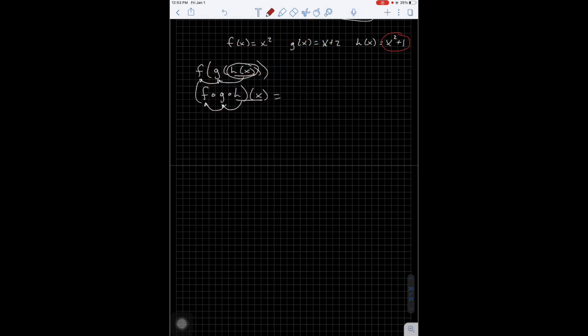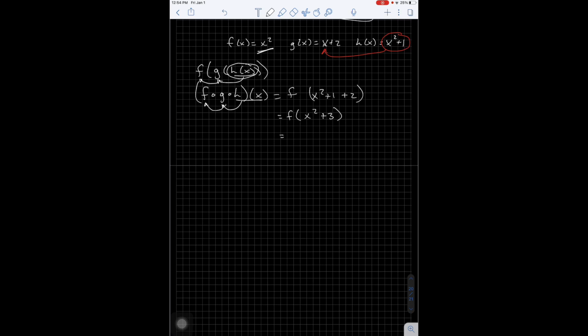So I'm going to take this h function here and plug it in here. So that is going to give me x squared plus 1 plus the 2. And that is then going to be plugged into f. So if we simplify that down, that means x squared plus 3 is being plugged into f.